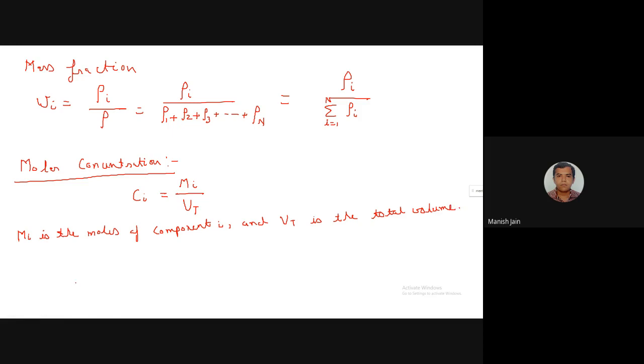Now you can represent C, which is called the total concentration. Ci means the molar concentration of component i.